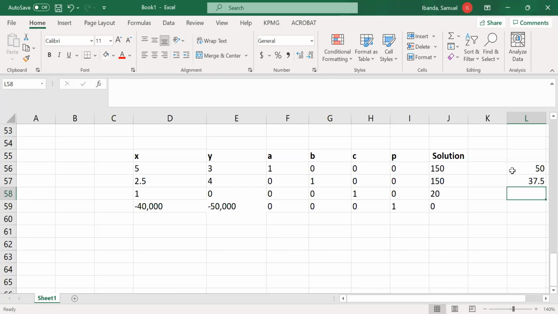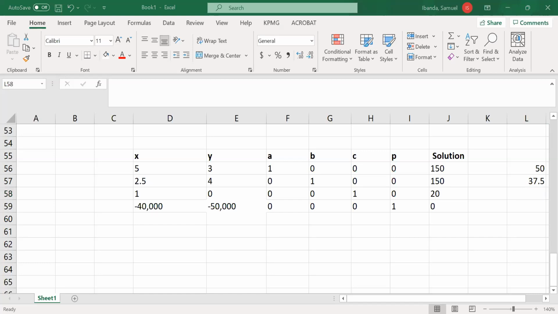And of course, when you divide 20 by 0, that is something very huge, so it gives you infinity.